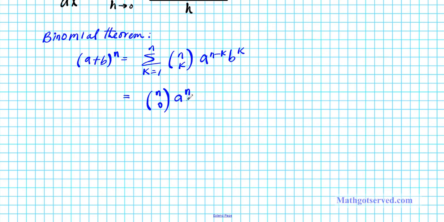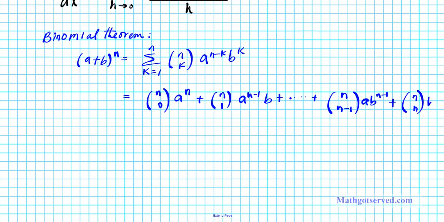Those two just drop off, so you just have a to the n, plus n choose 1, a to the n minus 1, b, plus, the pattern goes on, dot dot dot, plus n choose n minus 1, a times b to the n minus 1, and then the last term is just going to be n choose n, b to the nth power.